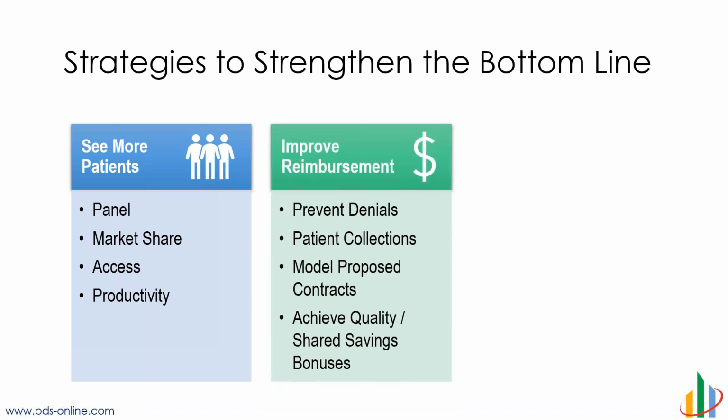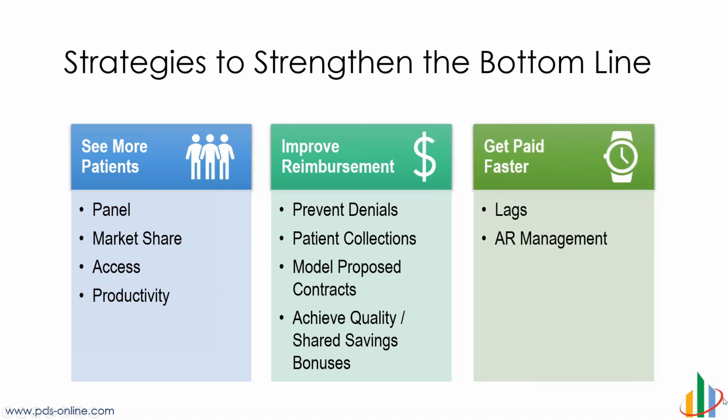A second way you can do it is by improving reimbursement, getting paid for the services that you do provide, and improving accuracy in what we're doing as far as our charge entry and our coding, minimizing denials, improving the back-end collections and management that we have there, and getting all of the bonuses that we're entitled to through various shared savings contracts.